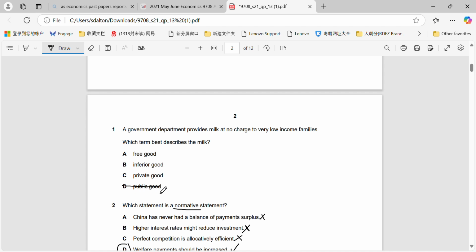Providing milk at no charge to very low income families might make it non-excludable for them, but it's definitely not non-rivalrous, because as soon as you drink from a carton of milk, there's less milk available for others to consume. So it is rivalrous in consumption, which means that it has to be a private good and not a public good. It's not an inferior good because milk is not low quality, and it is not a free good because it needs factors of production in order to make it, and it does have an opportunity cost.